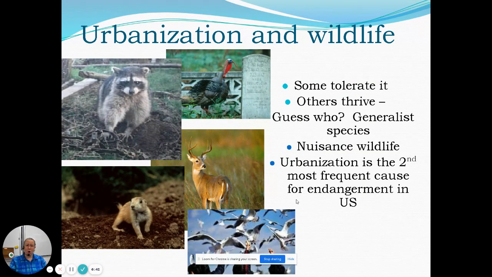And some of them are really good at it. Some of them thrive in our urban and suburban areas. Those are usually our generalist species and species that we now consider nuisance, a problem, right? They're the ones we're coming in contact with because they seem to do just fine even though we put a house there and a car there and mowed our lawn and added fencing.